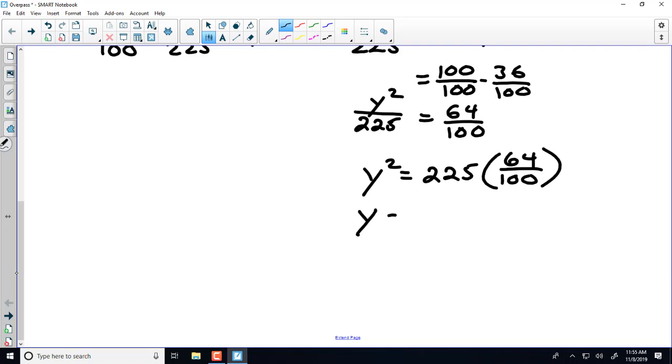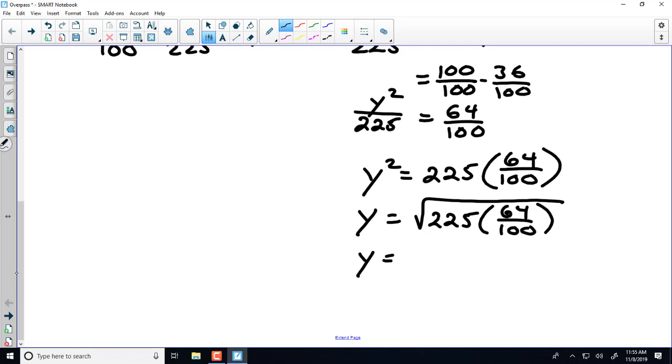So when I do y equals the square root of 225 times 64 over 100, I do not need to worry about the plus minus. Okay, you could use a calculator for this, but you could also observe the square root of 225 is 15, the square root of 64 is 8, and the square root of 100 is 10. So this is really the same thing as 15 times 8 over 10, or 120 over 10, or 12.